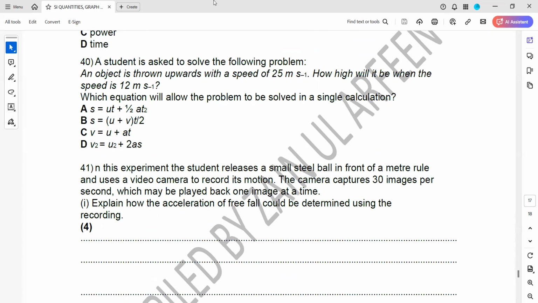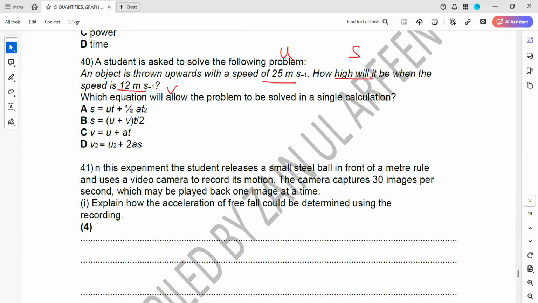A student is asked to solve the following problem. An object is thrown upward. So if we throw upward, what will be the final velocity? The final velocity will be 0. This is the starting velocity. How high will it rise? So we need the distance. We have the final velocity, we have the initial velocity, distance is what we need.